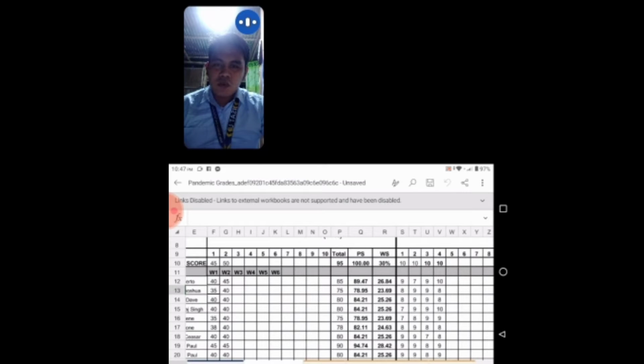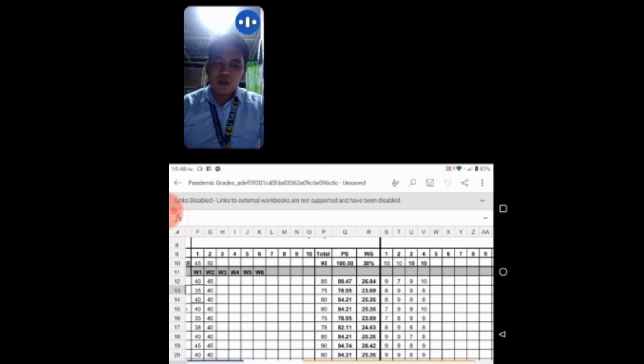We compute 85 over 95 multiplied by 100, which gives a percentage score of 89.47. Then we solve for her written score: 89.47 multiplied by 30% gives 26.84.